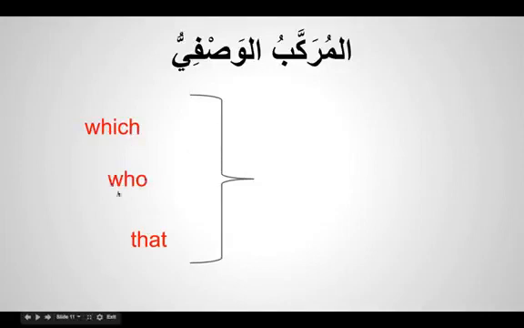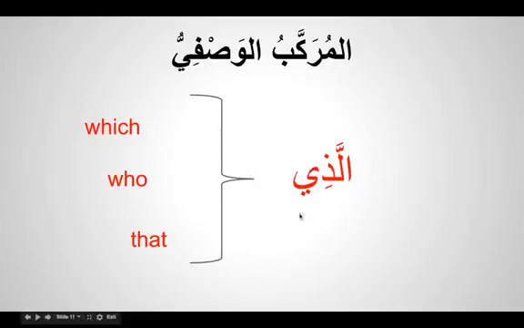Instead of these three words, Arabic simplifies everything. We use alladhi. Alladhi means which, who, that. It is which when we use it with objects, it is translated as who when we use it with human beings, and that depending on the sentence where it comes.